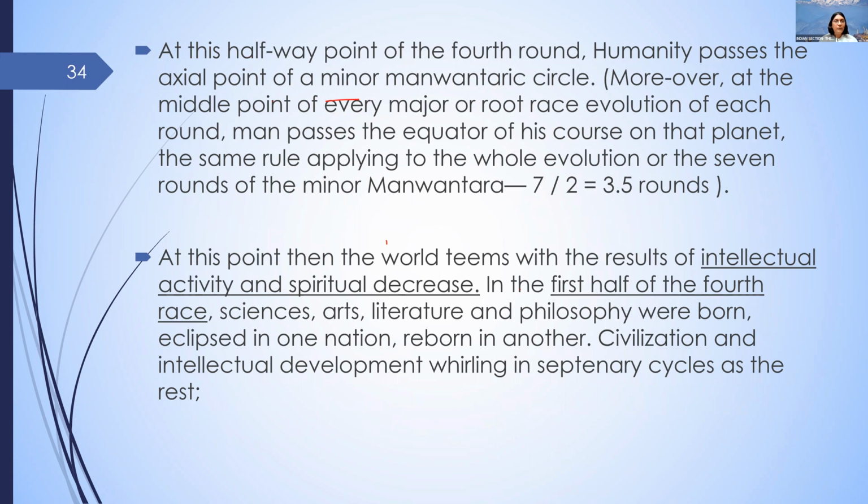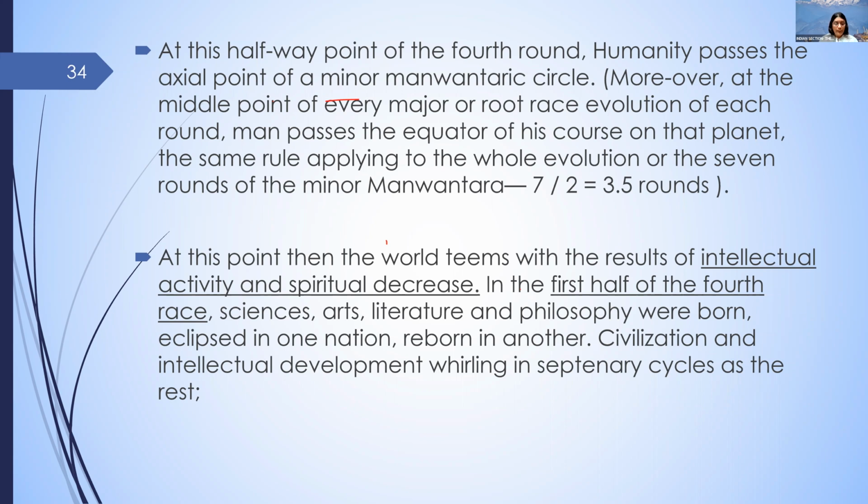So in this 4th round, at this halfway point of the 4th round, humanity passes the axial point of a minor manvantaric axis. So in the diagram which we had seen, the north-south axis, this axial point is the lowermost point in the 4th round, where spirit and matter, or the development, equilibrates as applied to the 7 rounds.